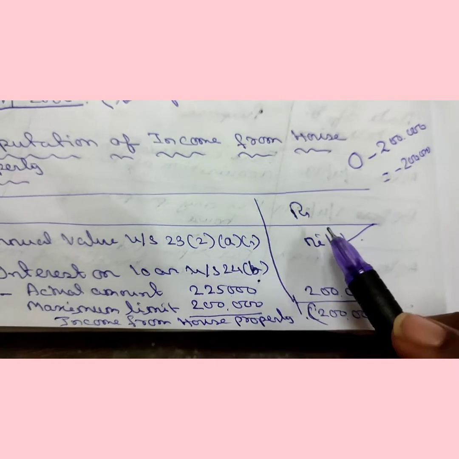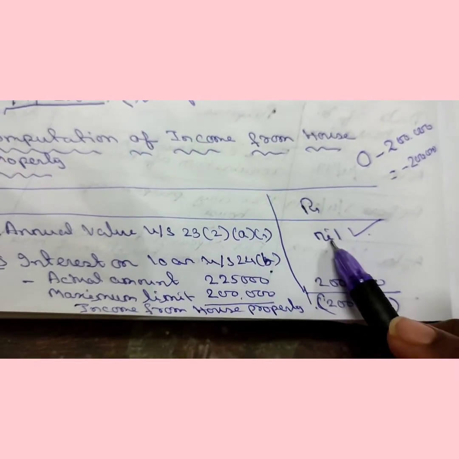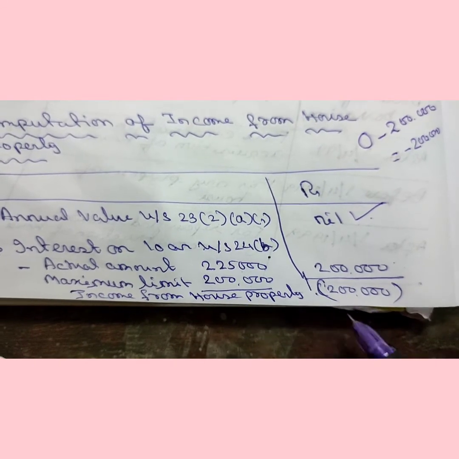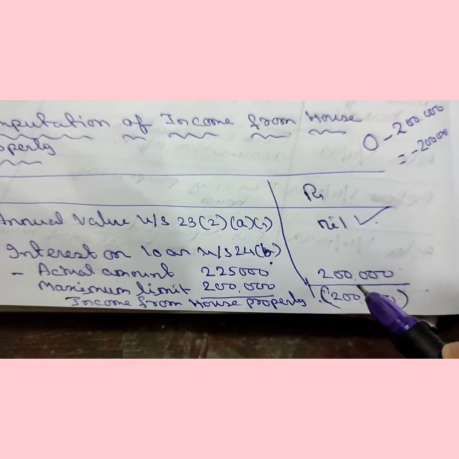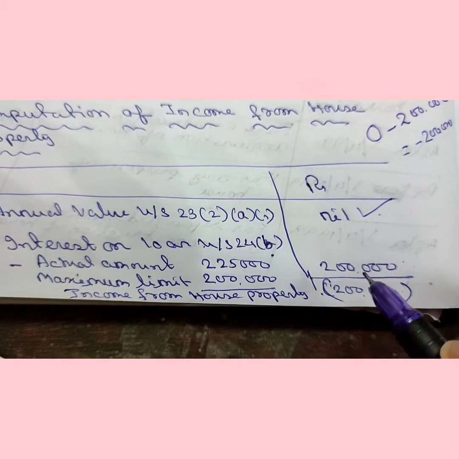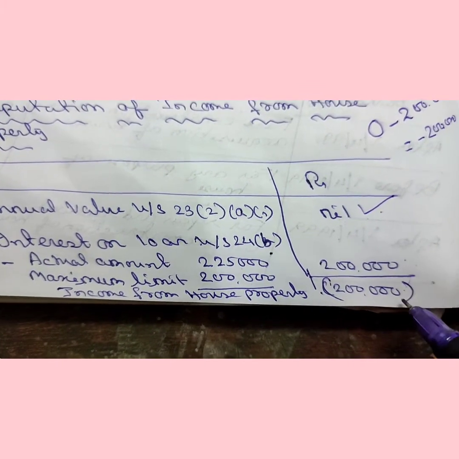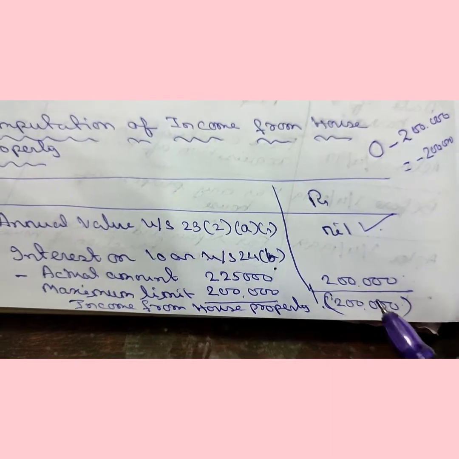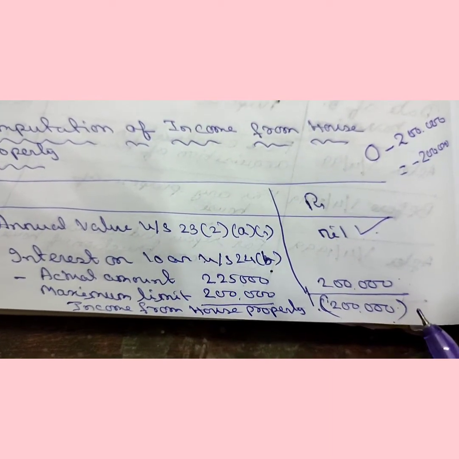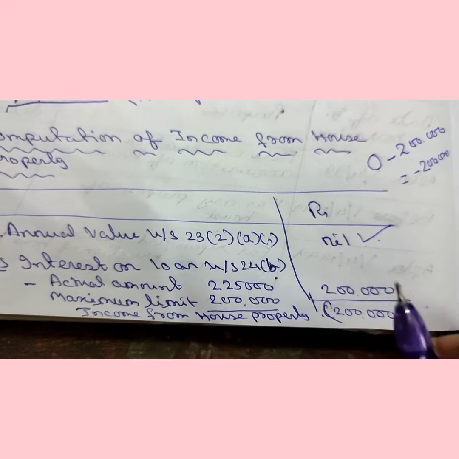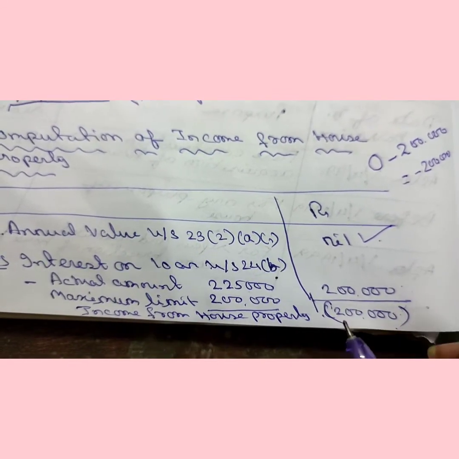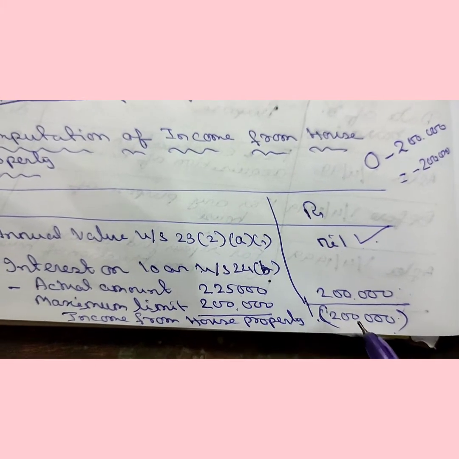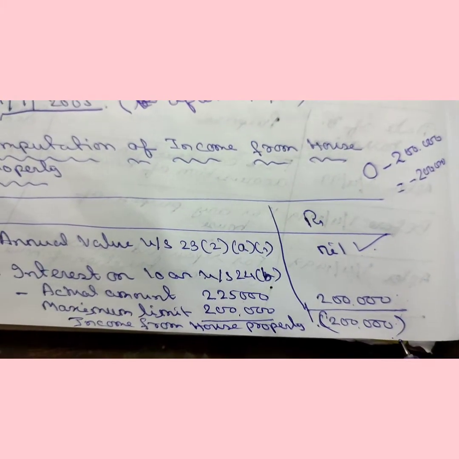So the income from house property is negative 2 lakhs. Now we can write a negative figure within a bracket. When we give this bracket, that means this is a negative amount. For any sums, accounts or costing or tax, when we give a bracketed figure, it means it is a negative figure.